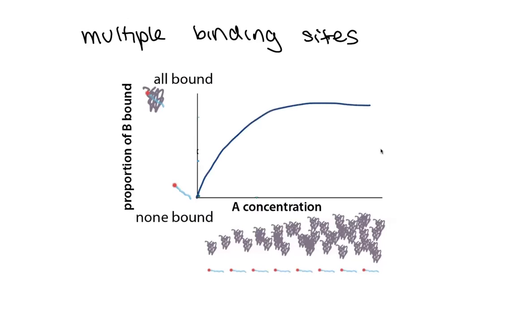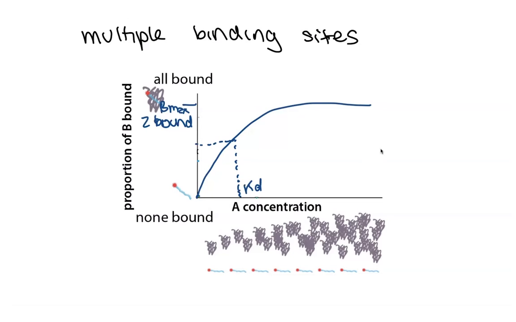Your B max is going to be for two binding sites, two bound, instead of one bound. But we can still calculate our half B max, and we can calculate our KD. And remember that KD is going to come from the intrinsic affinity for binding to that first site, or the intrinsic probability that one of these friends is going to get married.